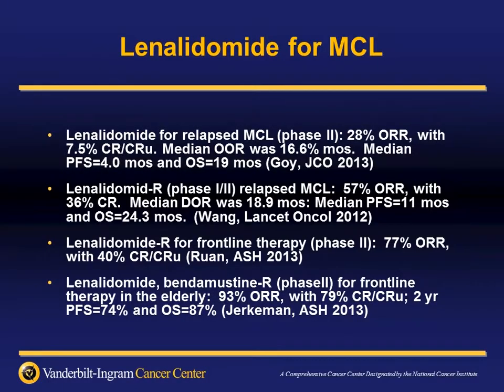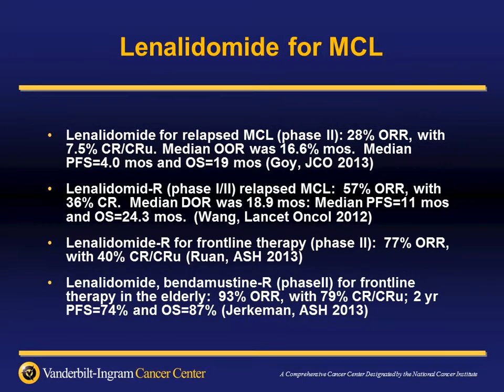Looking at lenalidomide, again, it also has been approved for mantle cell. It initially had a 28% overall response rate. The median response duration was 16.6 months. The median progression-free survival was 4 months and overall survival of 19 months. And now it's being used with rituximab in relapsed mantle cell lymphoma with a 57% overall response rate and 36% CR. And now it's being used in frontline therapy for patients who are ineligible for transplant with a 77% overall response rate and 40% complete remission or CRu.